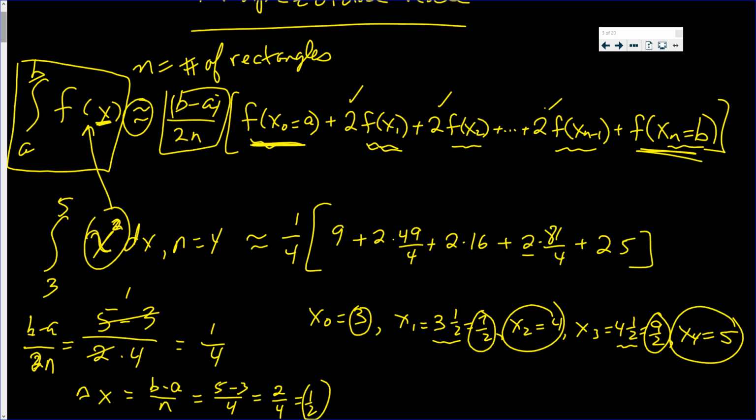Up to doing the arithmetic, here's our answer. Okay, well, this goes into 4 2 times. This goes into the 4 2 times. So this is 49 over 2. This is 81 over 2. When I add 49 and 81, I get 130. Divide that by 2, I get 65.